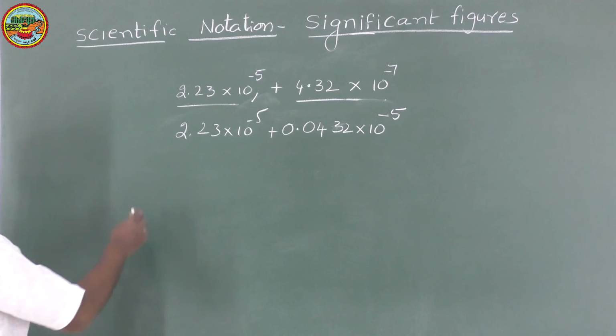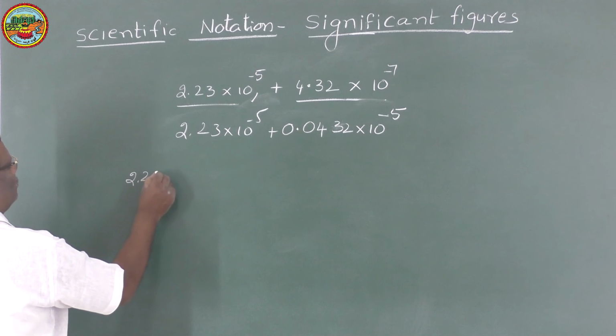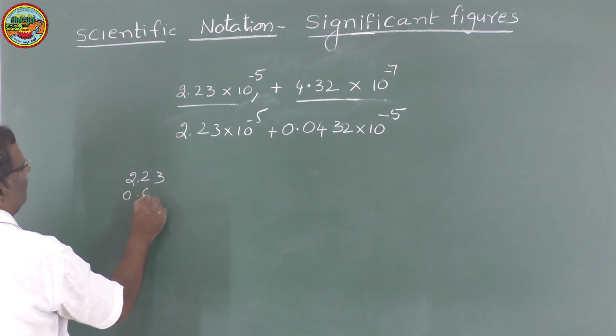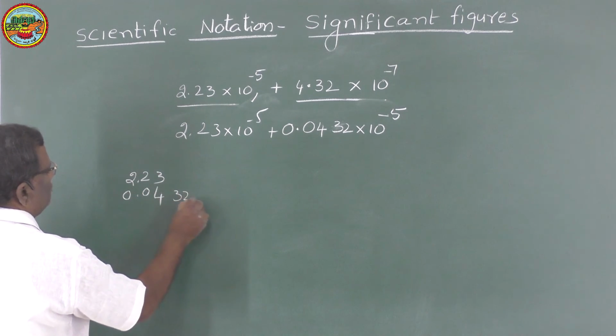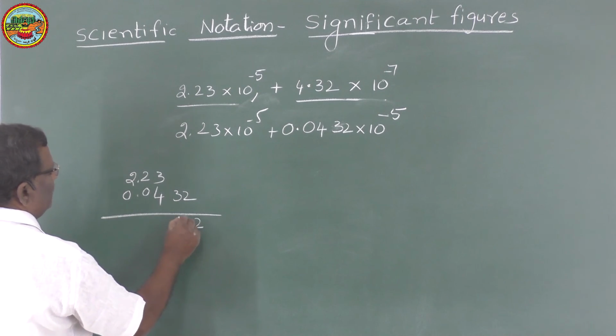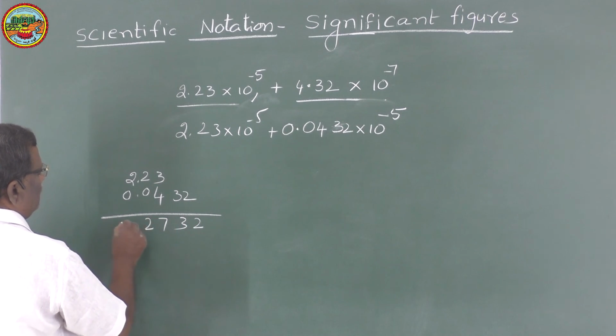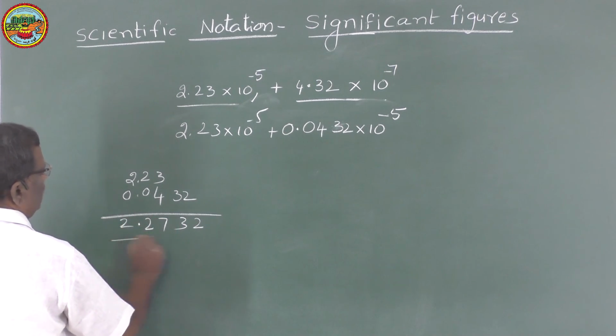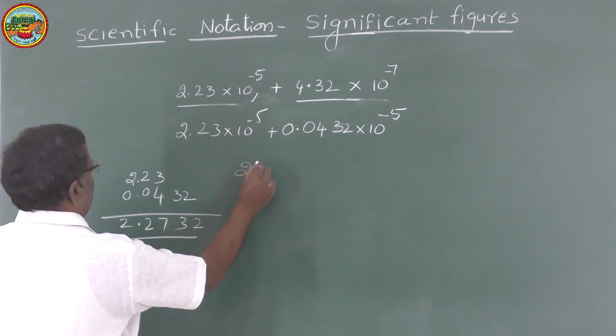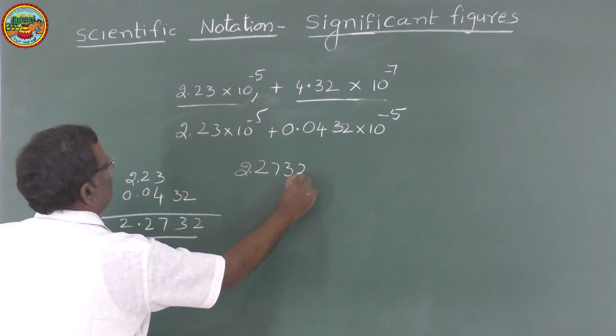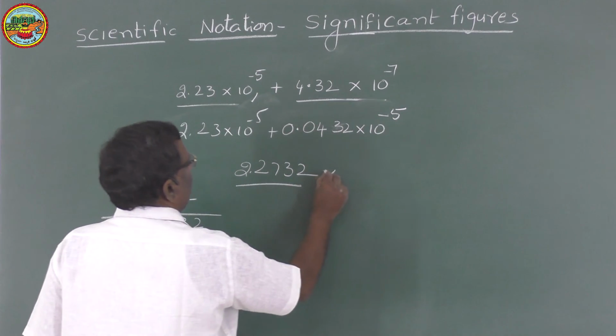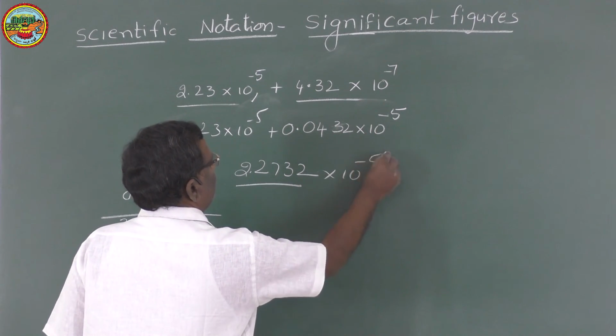That means 2.23 plus 0.0432. If you add these two numbers, you will get 2.2732 into 10 to the power minus 5.